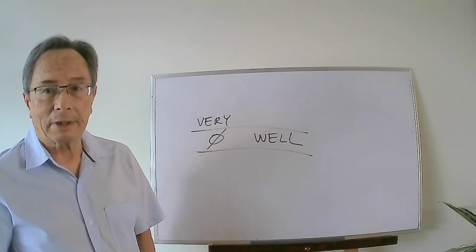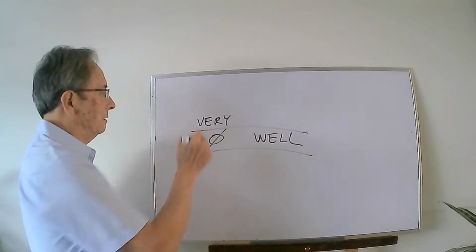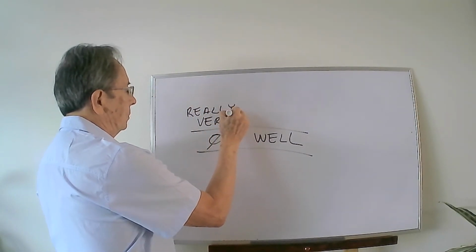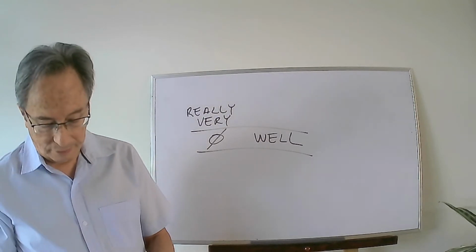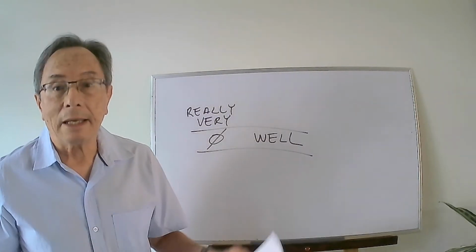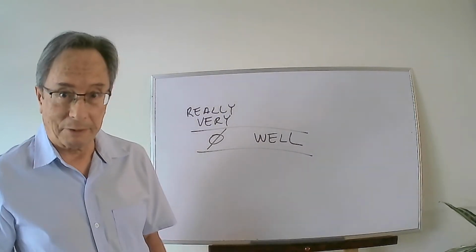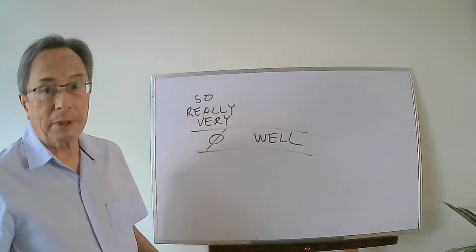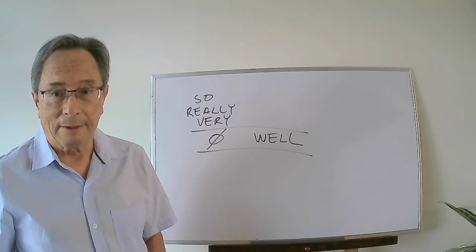Más para arriba, okay, upwards. Realmente bien, really well. Y tan bien que parece un profesional. So well that he could be a professional. Podría ser un profesional. Ok, very good.